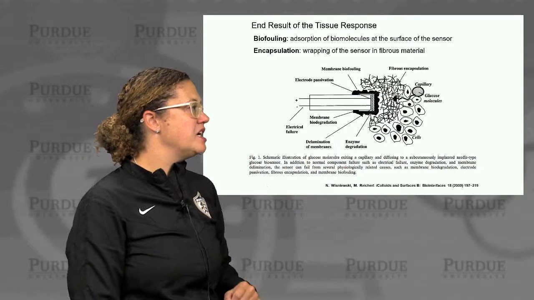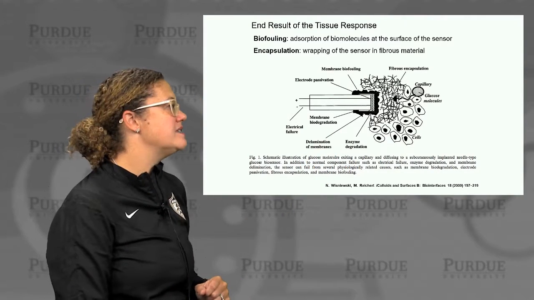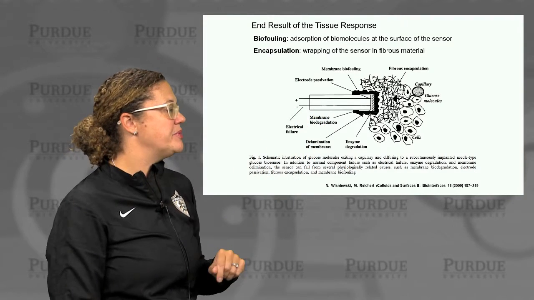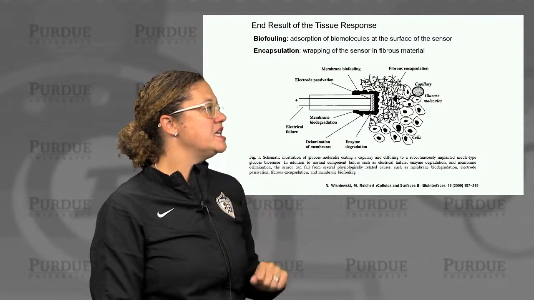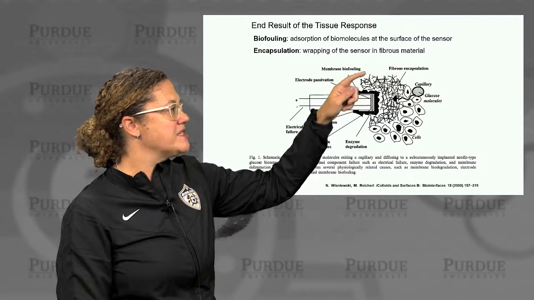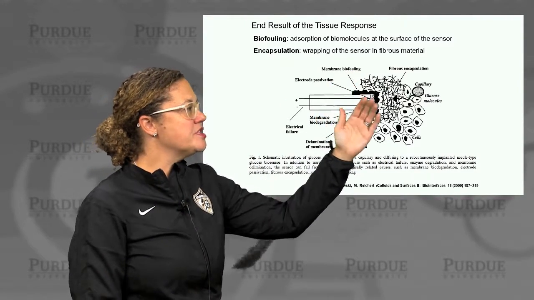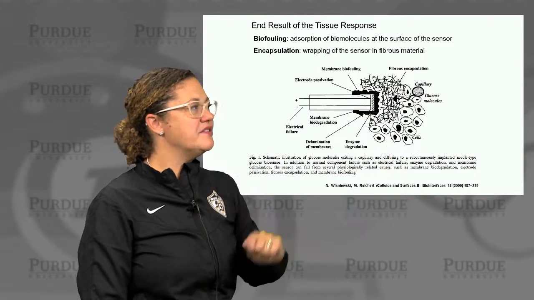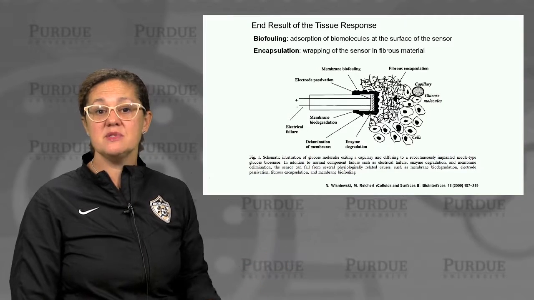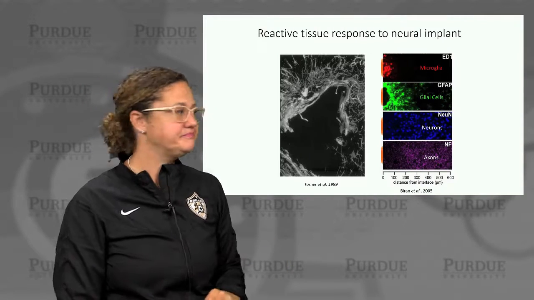We have an image of a sensor that's been placed into the body. Around the sensor membrane and the sensor components, we have protein adhesion and fouling of that device, as well as a fibrous encapsulation that forces away the cells of interest, the natural cells and the capillaries, and typically the systems that we want to interface with.